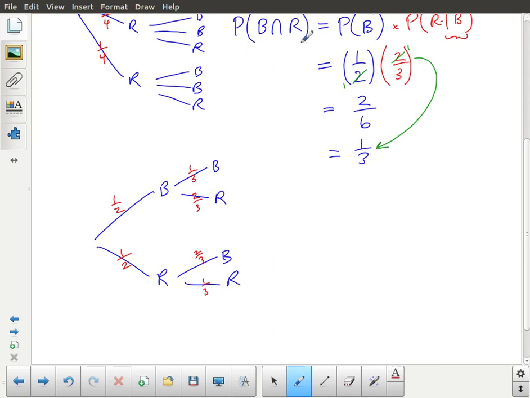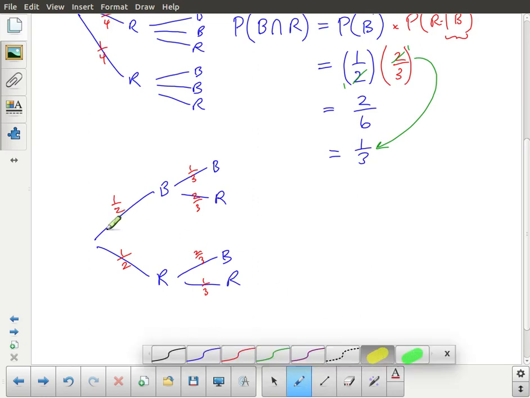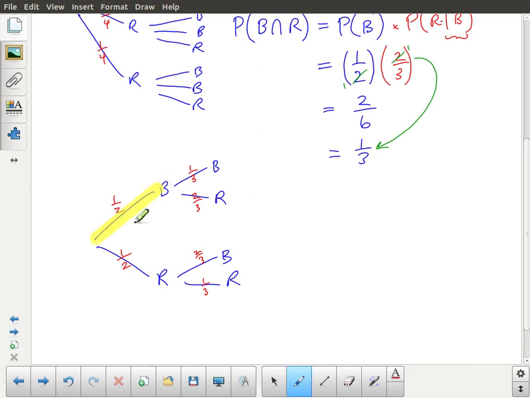Because as you can see, the probability of black and red, we've got the probability of black along there, and now that I already have a black, I can follow down that probability branch, and we end up with the same calculation, 1/2 times 2/3. It's a subtle difference.